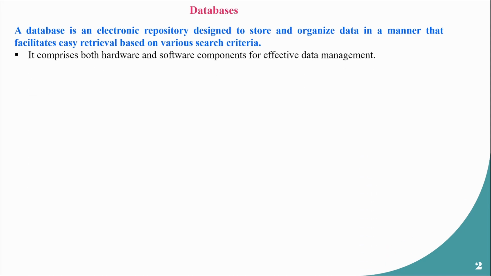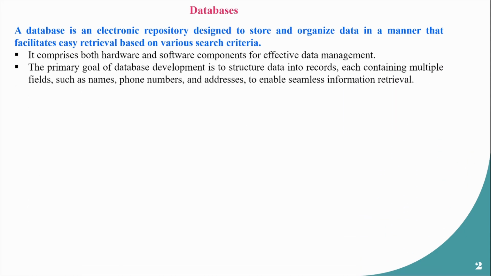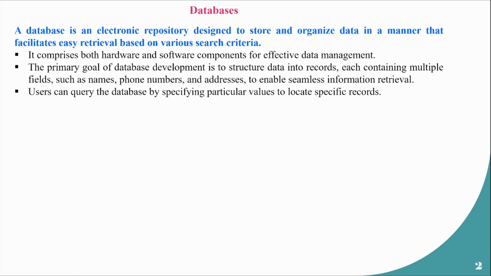It comprises both hardware and software components. The primary goal is to not only store the data in a structured format, but also have different fields such as names, phone numbers, addresses. This is a generic database you can think of, which can enable quick retrieval of information based on the criteria that you give as a query, right?